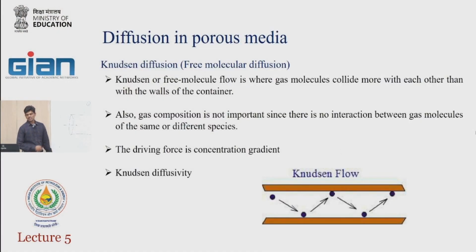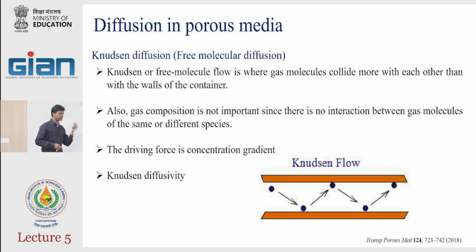So this is the Knudsen diffusion, right? Knudsen diffusion happens when the gas-solid collisions are important. That means the gas molecule that enters is colliding with the wall, going back.